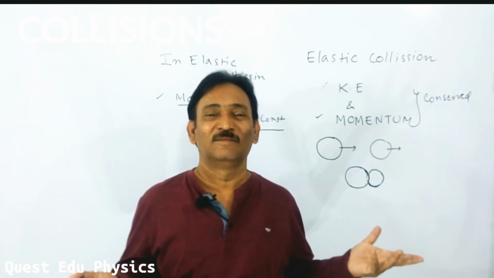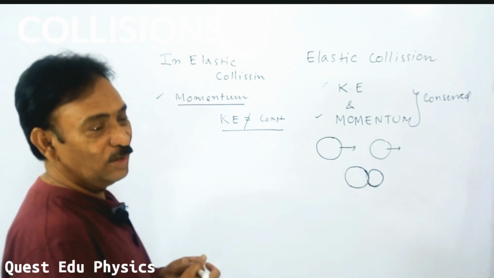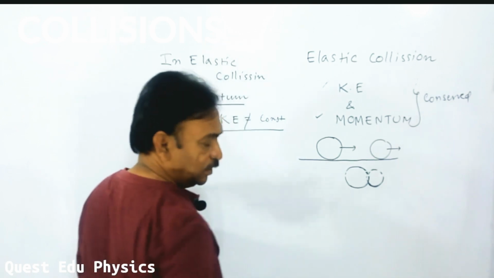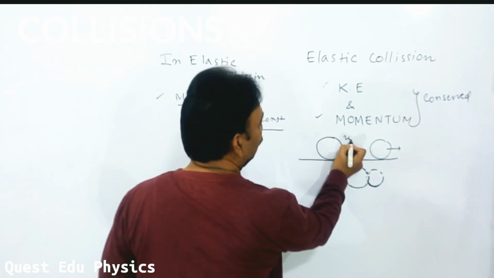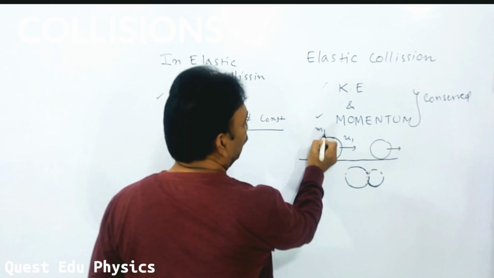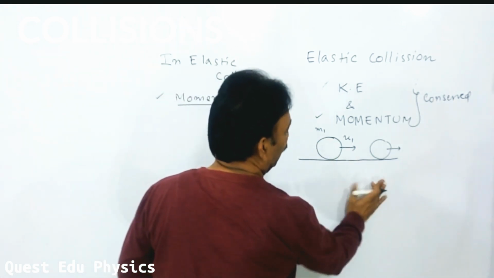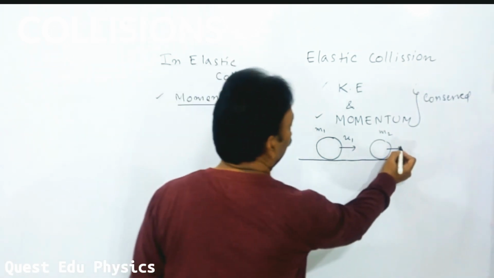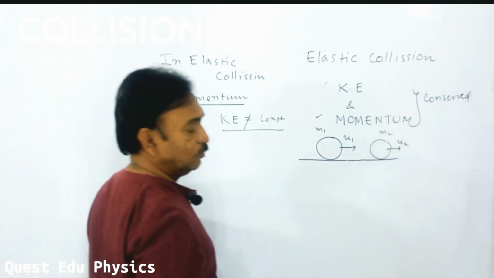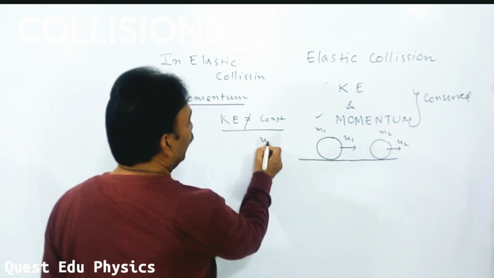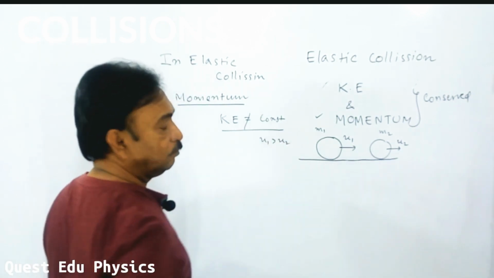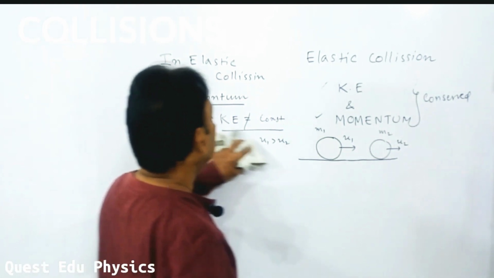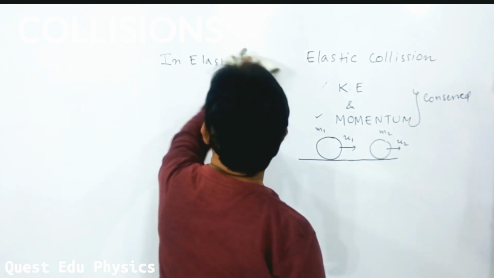What is a head-on collision? Say these two bodies are moving over a smooth surface. Just imagine, one has a velocity u1 and a mass m1, and the other has a mass m2 and moves with a velocity u2. Let's say u1 is greater than u2. Obviously, the first body goes and hits the second body.